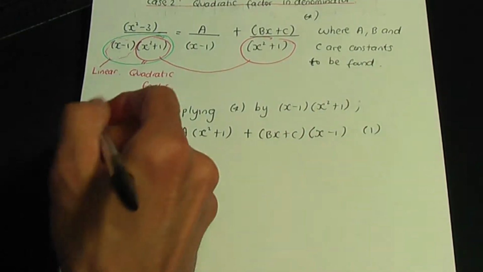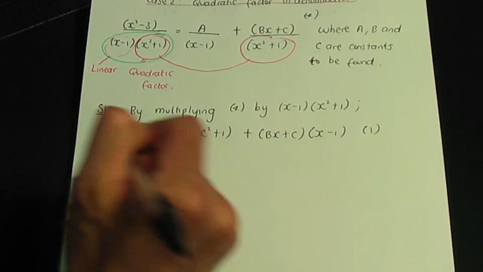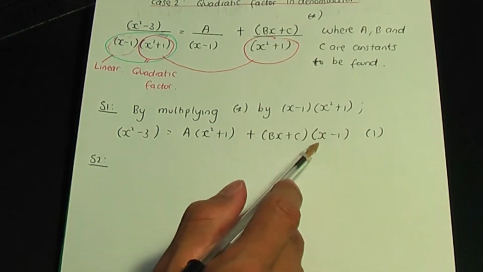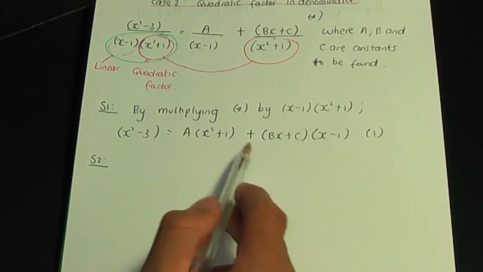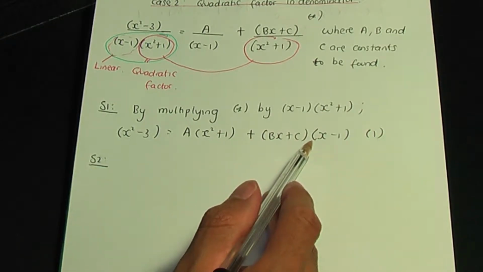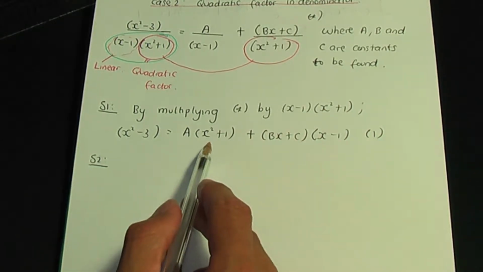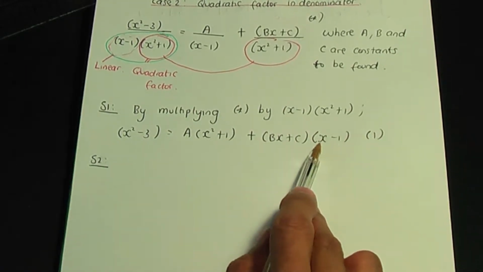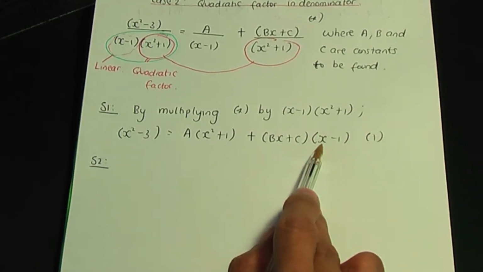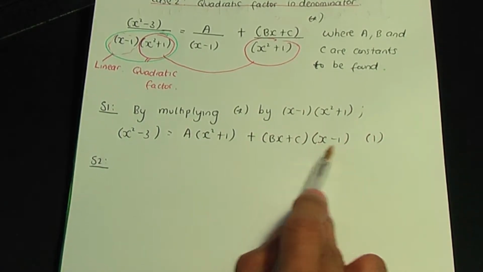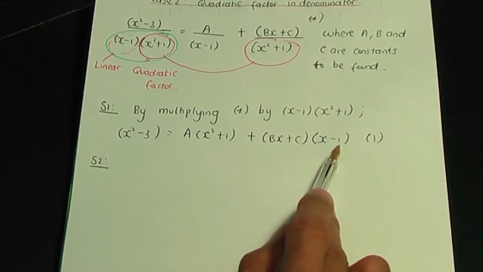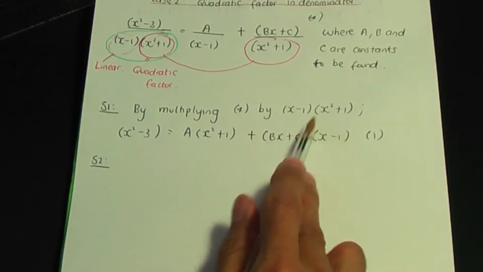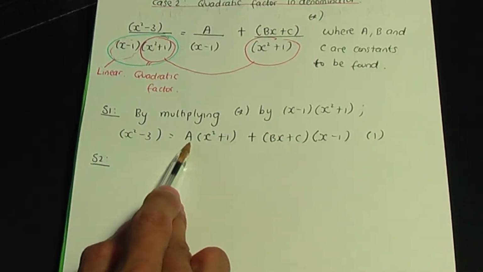In step number 2, to work out one of the constants, you need to choose a value of x to eliminate 2 constants in this case in order to work out the remaining constant. If I look at this equation, if I choose x to be 1, I can eliminate 2 constants b and c to work out the constant a.